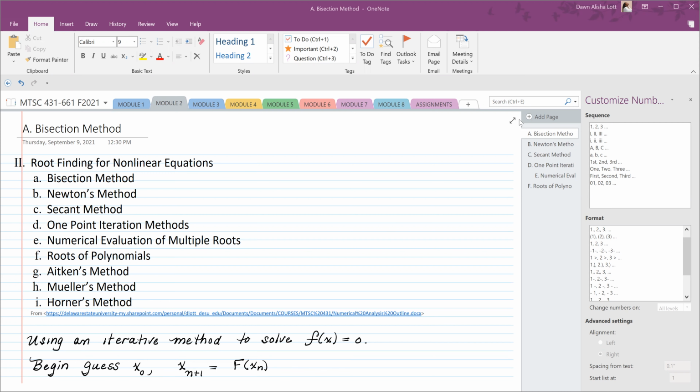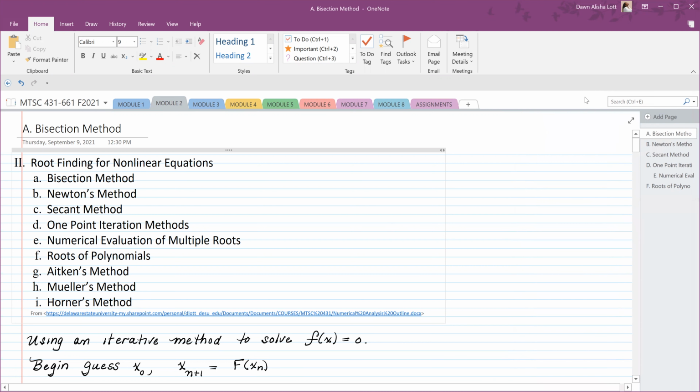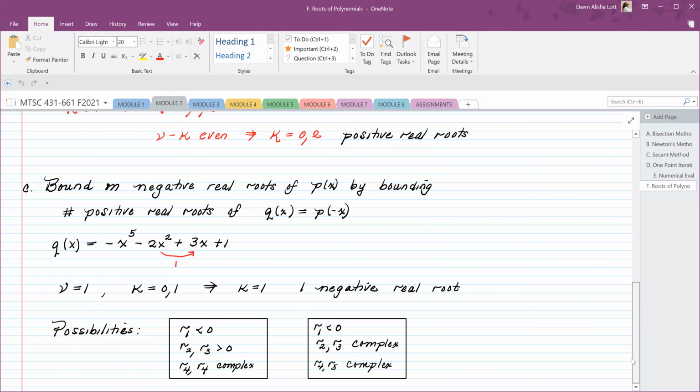Okay, so we were right at the very end of looking at the roots of polynomials and how to get a handle on what kind of roots we might actually have for a polynomial.